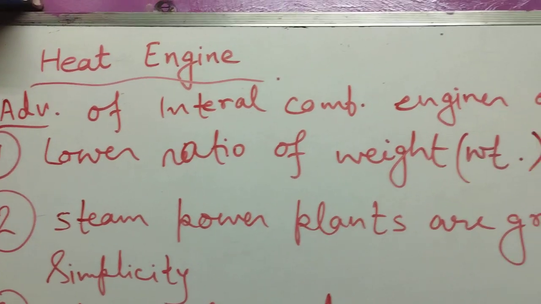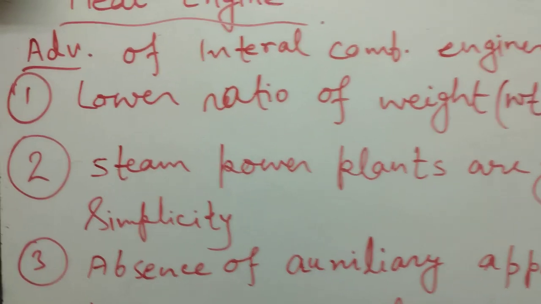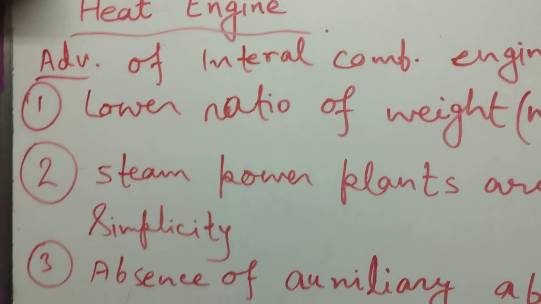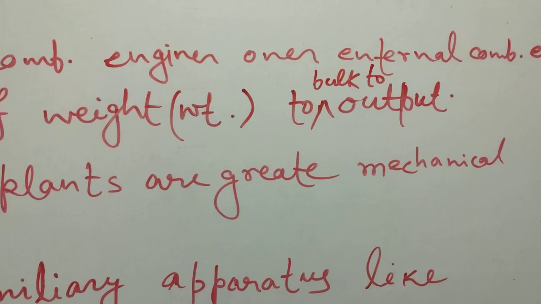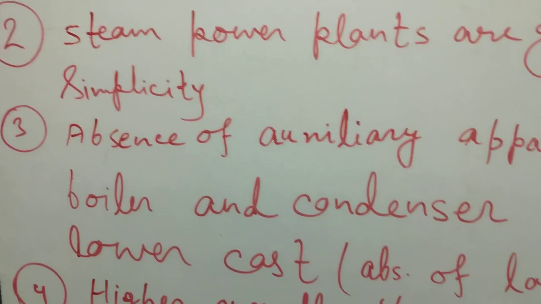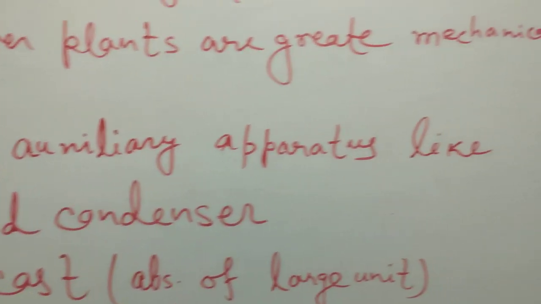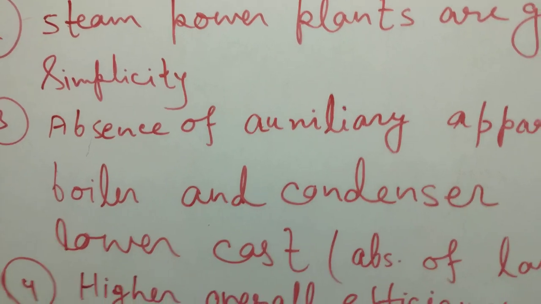Advantages of the internal combustion engine over the external combustion engine. There are many advantages. The first is a lower ratio of weight and bulk to output, i.e. the absence of auxiliary apparatus like boiler and condenser.